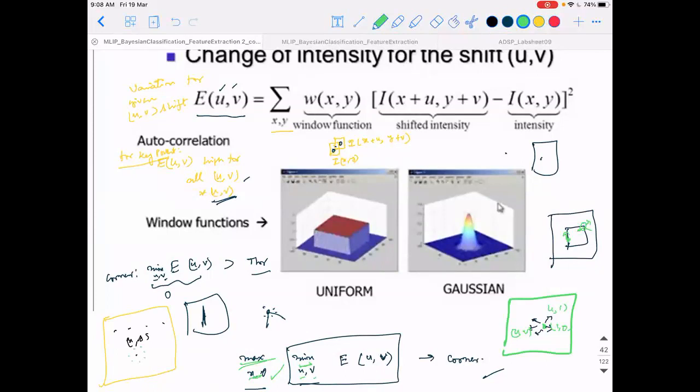So at each x and y, I will figure out E(u, v) at this x and y. In fact, if you want to strictly put it, the equation I am writing is this shift with respect to different shifts at a given x, y. So I will substitute at a given x, y all u, v's and then see the minimum over u, v's at given x, y.